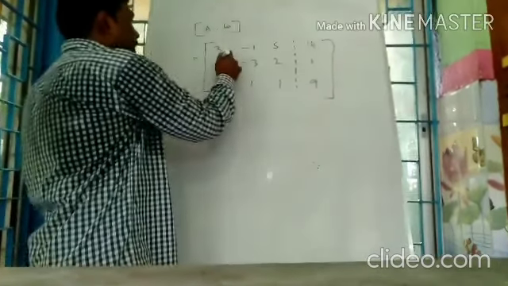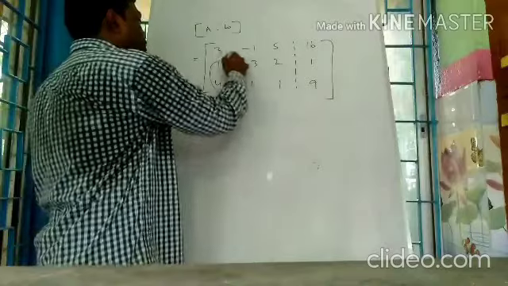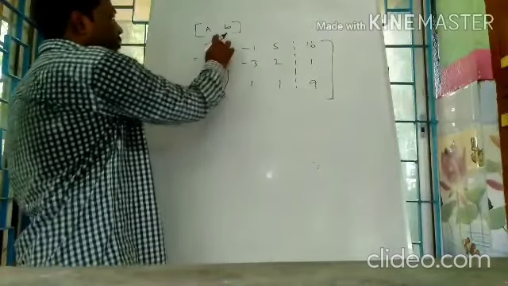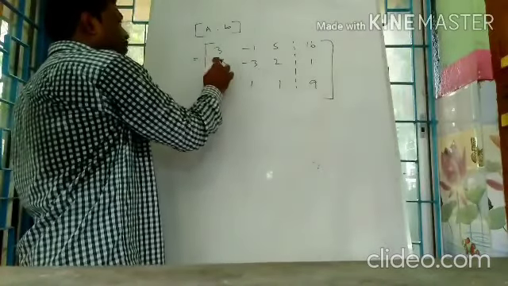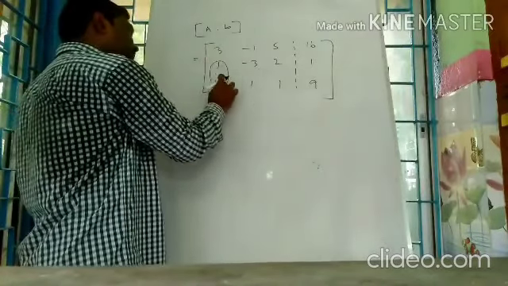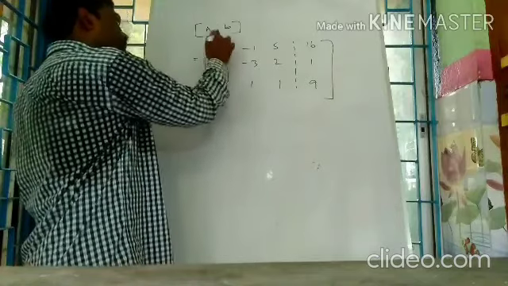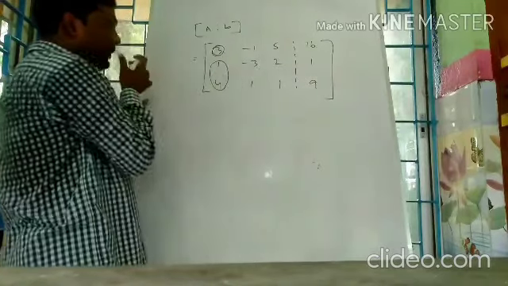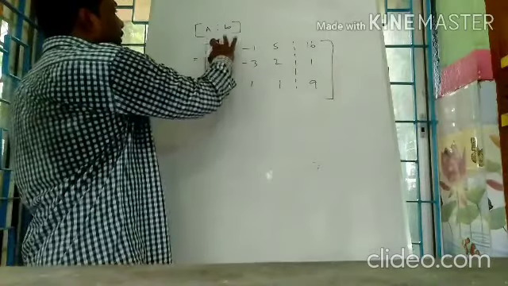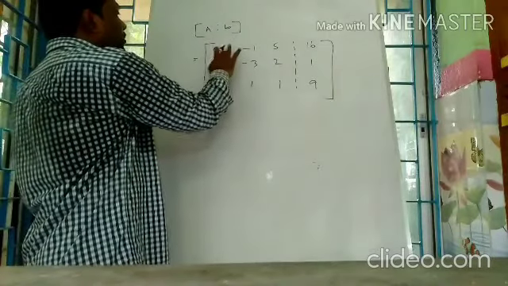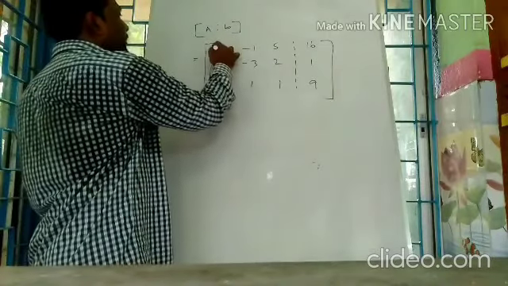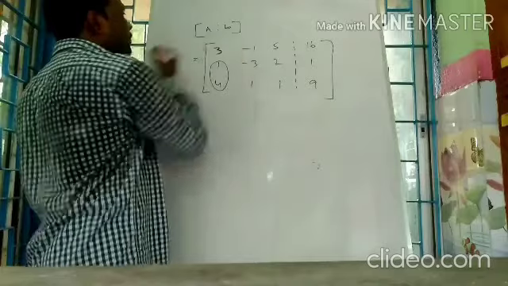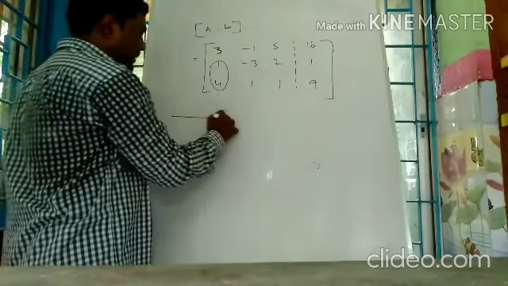So first make these two elements, 1 and 4, into 0 using 3. So you convert these two elements into 0 using this element, 3. So use row operations.